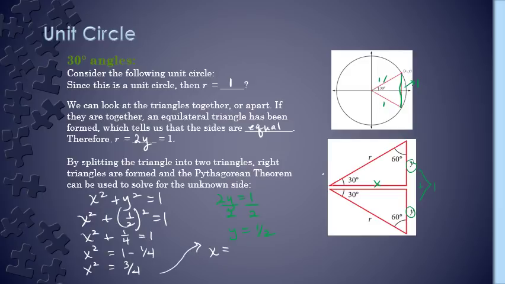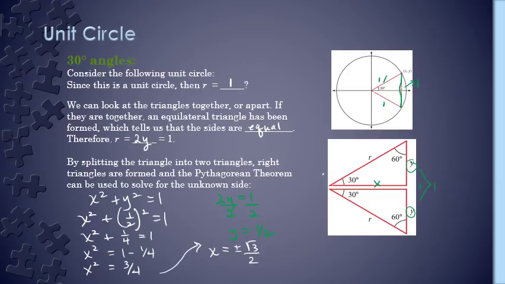So x is going to be plus or minus the square root of 3 over the square root of 4, which is 2. So I don't have to rationalize the denominator in this case, and I know that because I'm in the first quadrant, for the x value I'm going to go with the positive version.